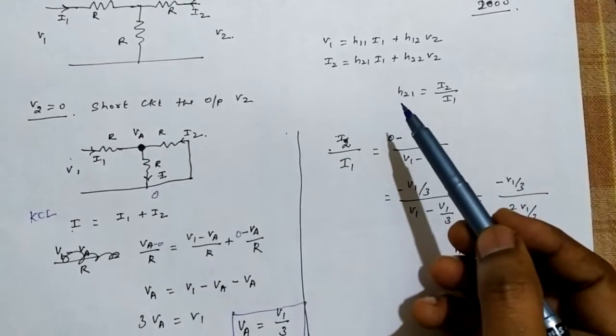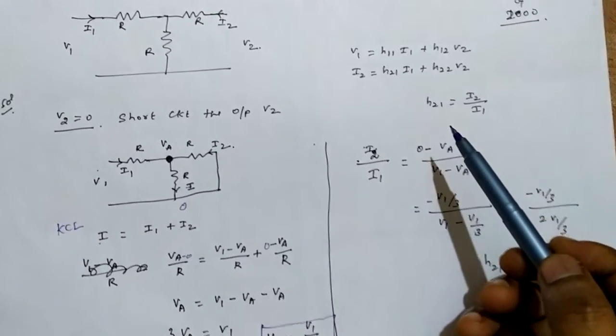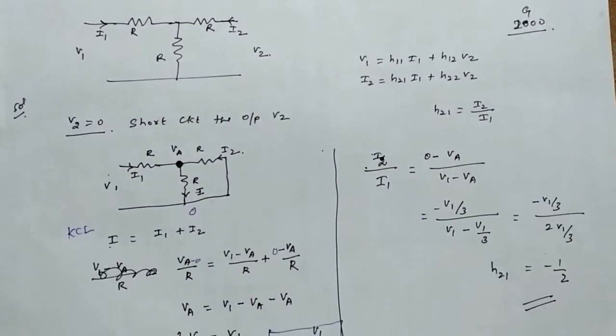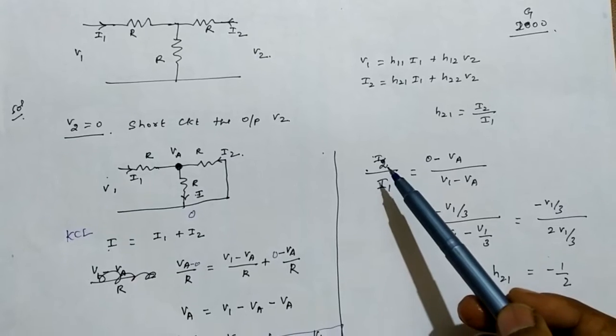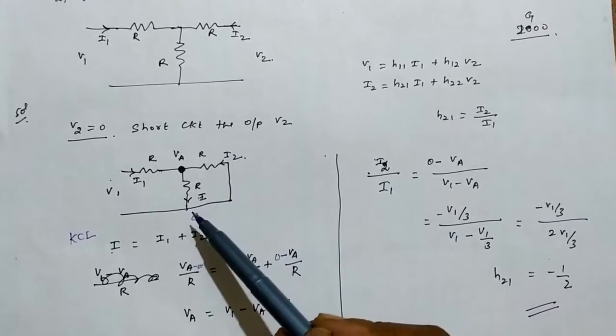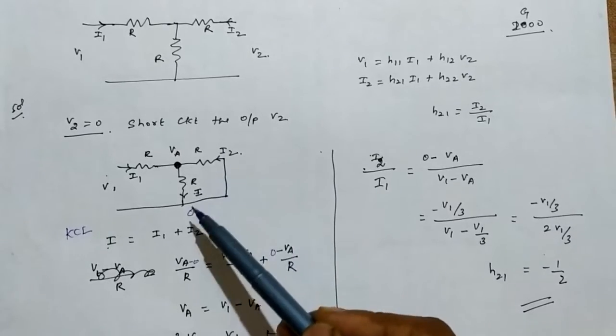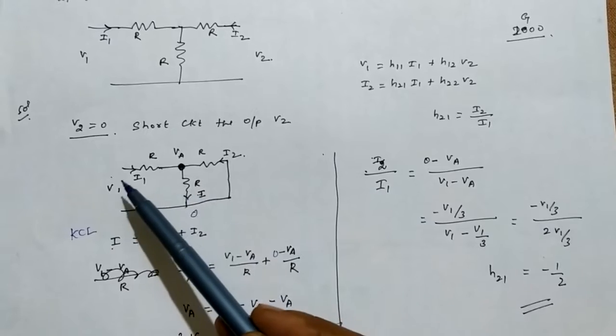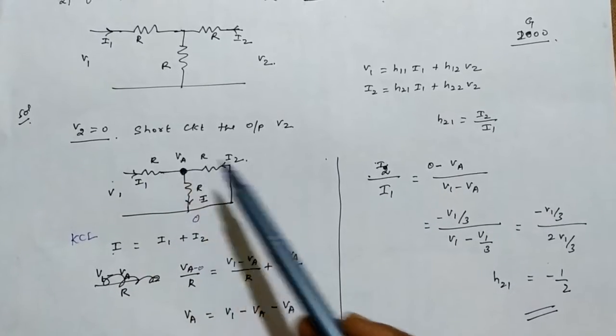Now since H21 is equal to I2 by I1, let us calculate I2 by I1. I2 divided by I1 is equal to, what is I2? I2 is the current flowing in this direction, that is 0 minus VA. What is I1? I1 is equal to V1 minus VA.